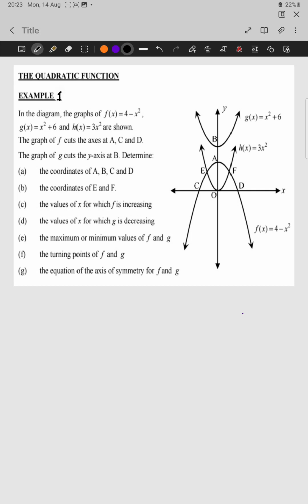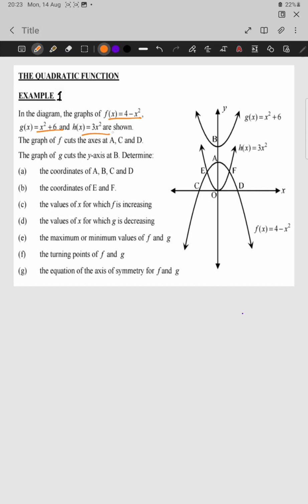Now what we want to do is that we are given the graphs, that is f of x is 4 minus x squared, g of x is x squared plus 6, and 3 x squared. So three of them, they represent quadratic functions.